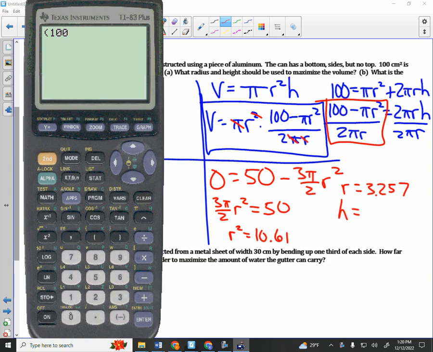Parentheses, 100 minus pi times 3.257 squared divided by parentheses 2 pi times 3.257, and I get, looks the same, doesn't it? 3.258. That's the height. What's the last question?